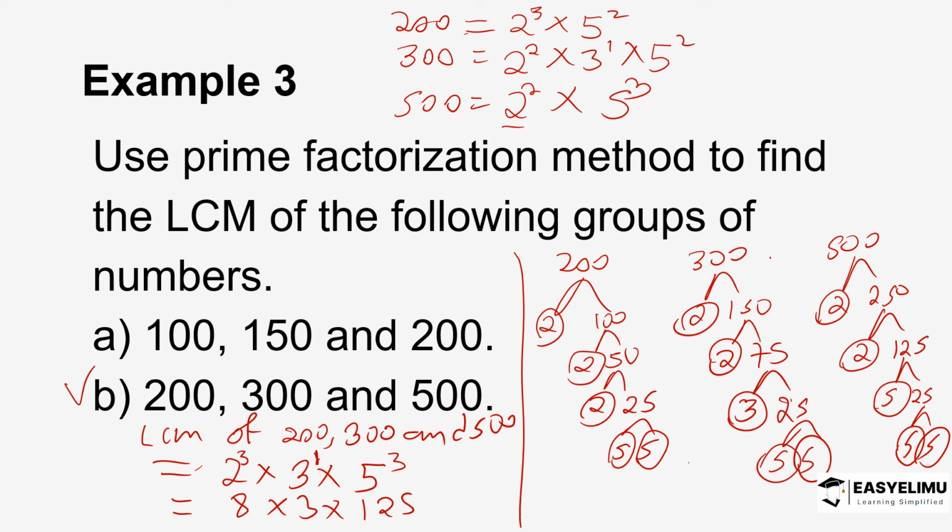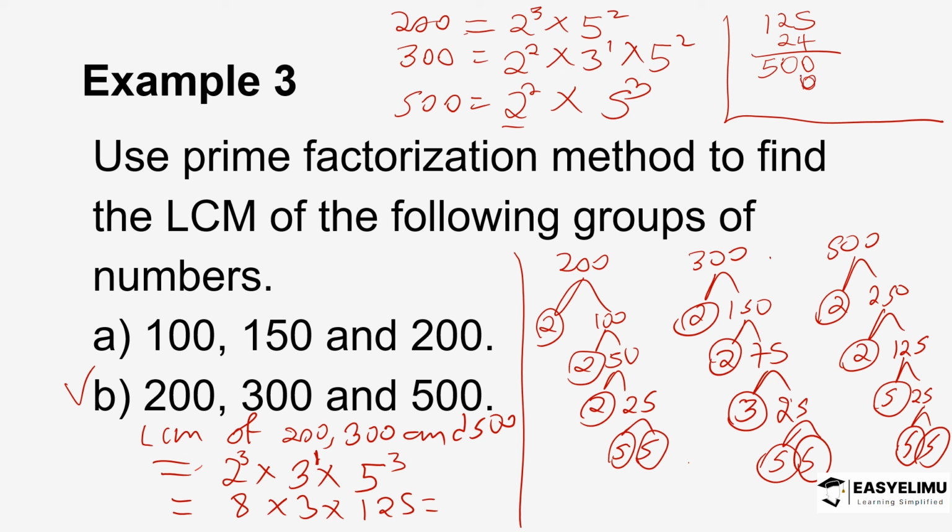So if you simplify this, so we'll have 125 multiplied by 24. So we have 4 by 5 is 20, 0 carry 2. 4 by 2 is 8 plus 2 is 10, so 0 carry 1, and 4 by 1 is 4 plus 1 is 5.